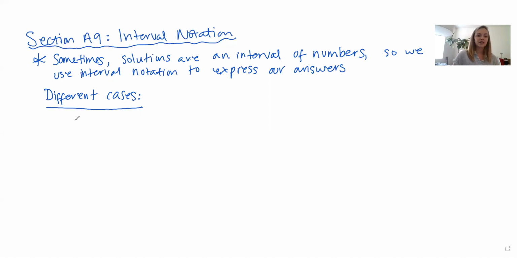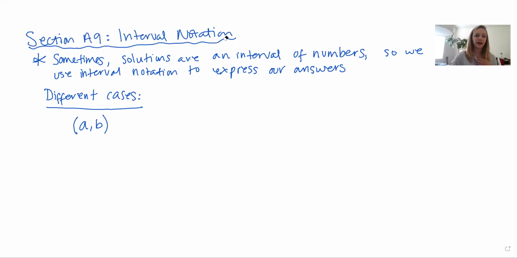So first case is if we have the interval. With intervals, we're going to have either parentheses or brackets around two numbers. And so the interval from A to B, we write like an ordered pair, with parentheses and your two numbers listed with a comma in between.